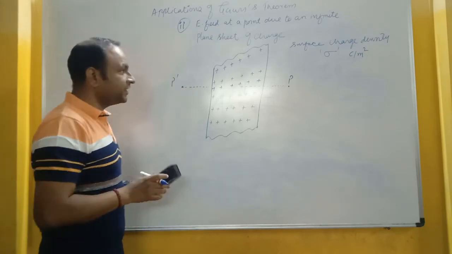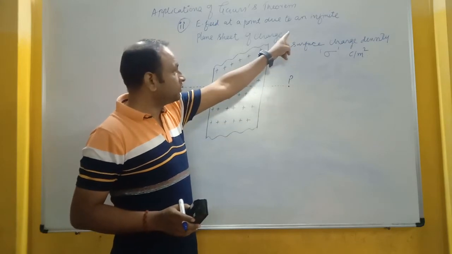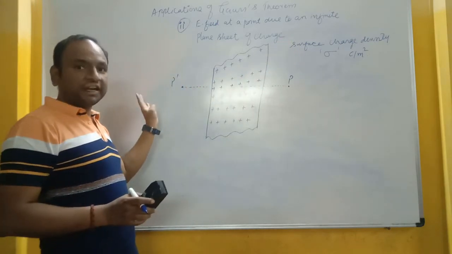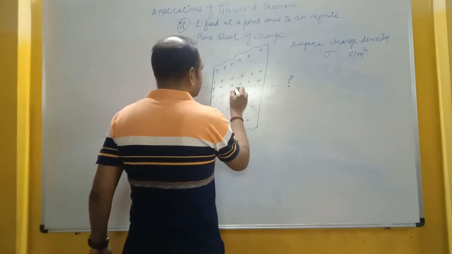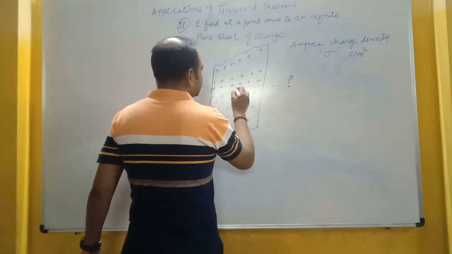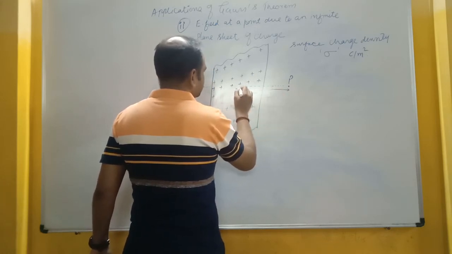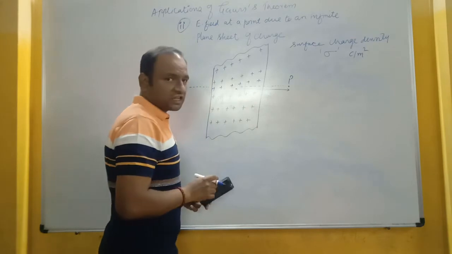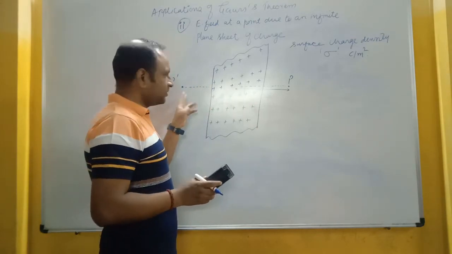So point P is in front of the plane sheet of charge and P dash is behind it. This distance is R, and this distance is also equal to R.